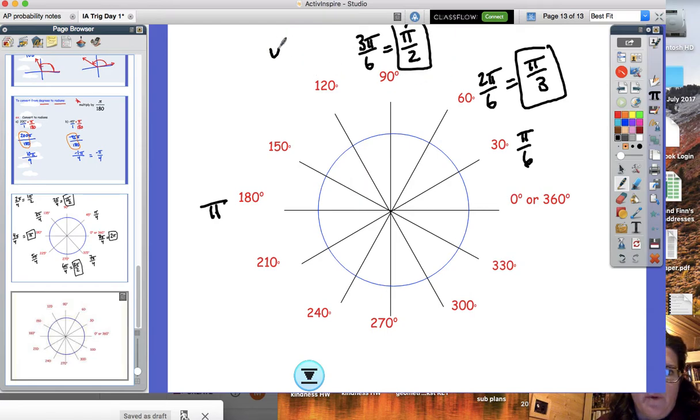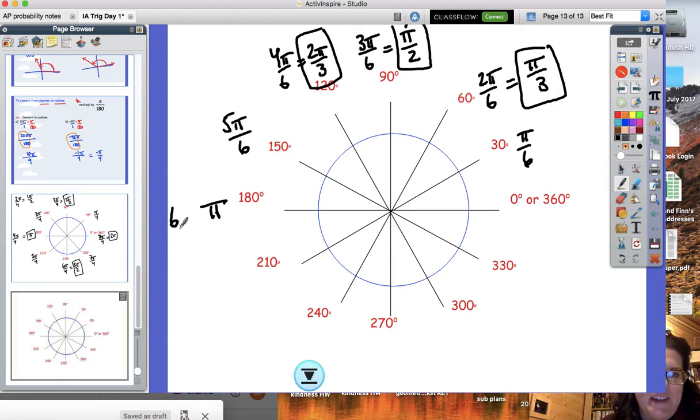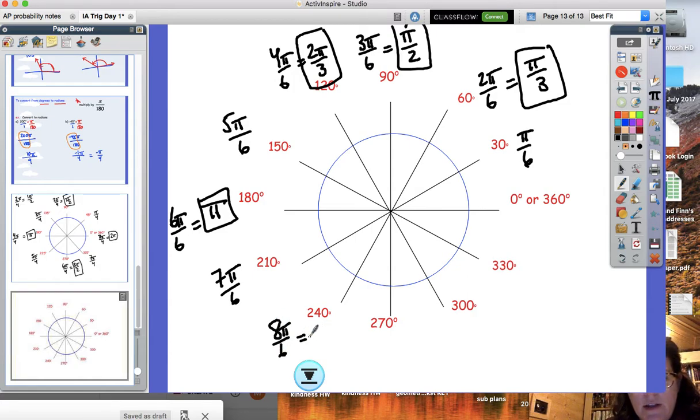So then this is 4/6, which reduces down to 2 pi over 3. So this is 5/6. This would be 6/6, which reduces just to pi. This is 7/6. This would be 8/6, which reduces down to 4 pi over 3.